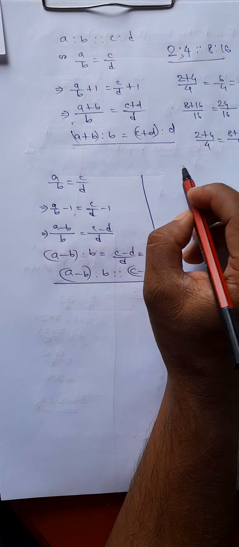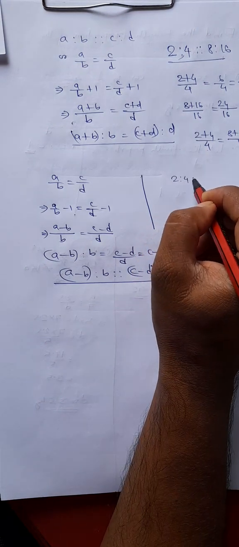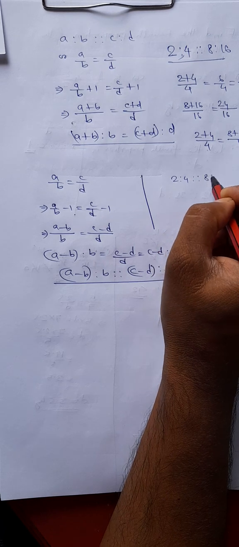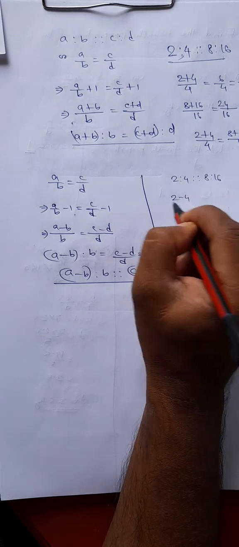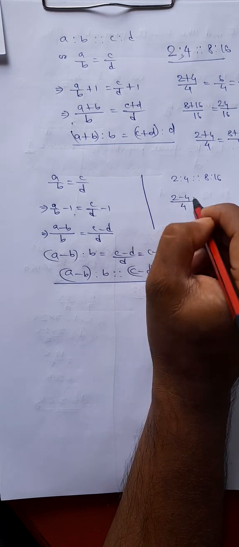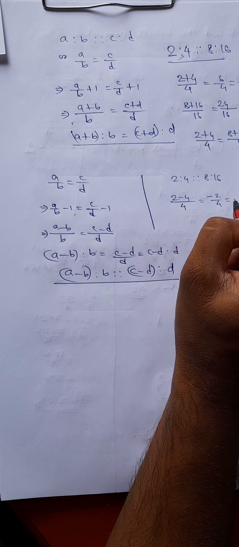Now let's prove this. 2 is to 4 proportional to 8 is to 16. Now you find A minus B, 2 minus 4 divided by 4, A minus B divided by B, minus 2 divided by 4 equal to minus half.